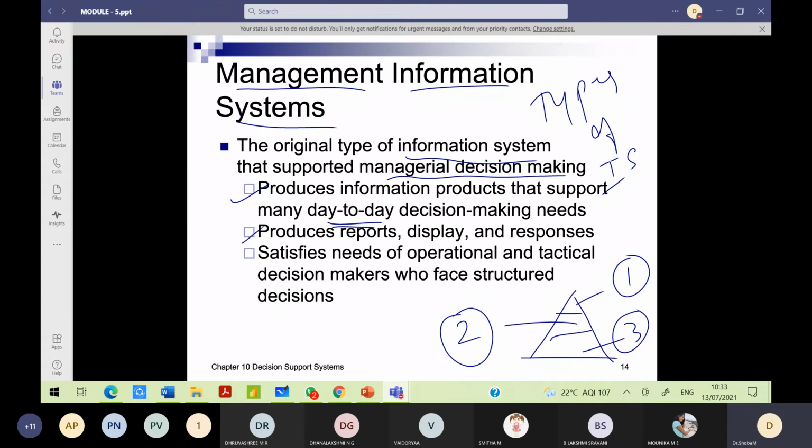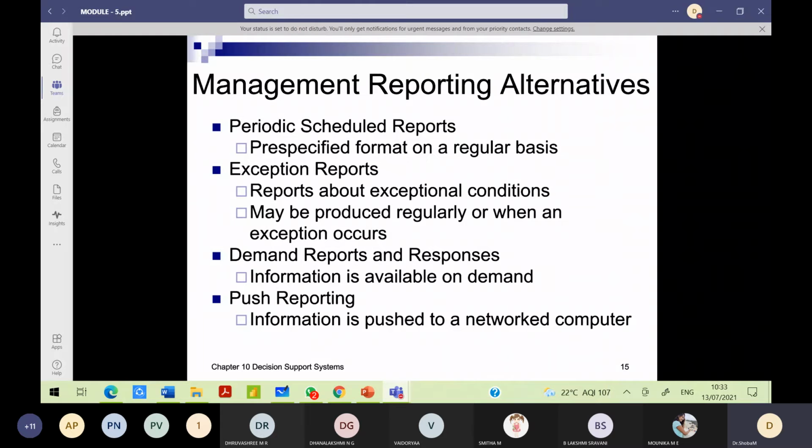Okay, and it can produce reports, displays and responses, and it satisfies the needs of operational and tactical decision makers who face structured decisions. So all the operational activities, the strategic activities, as well as the tactical activities need to be compiled or amalgamated within the structured decision. So that is the important aspect of management information system.